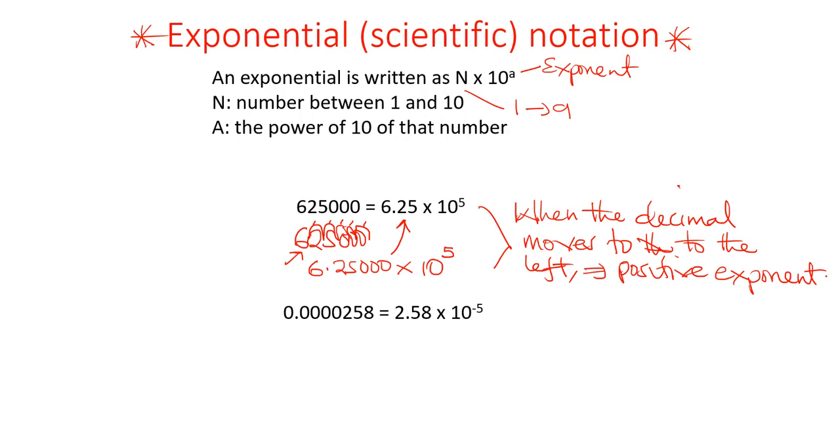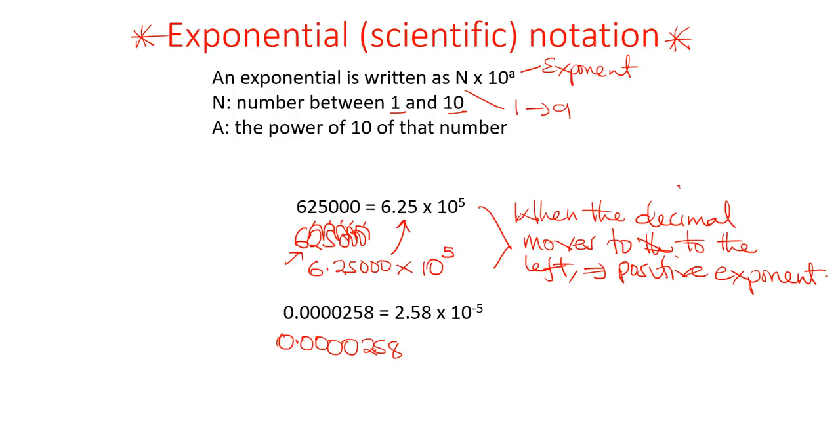The same thing with this number. So if I write the number again, 0.0000258. So the question is, I want to set up this number so that I have a number between 1 and 10, not including 10. Which means my point will be here, between 2 and 5.